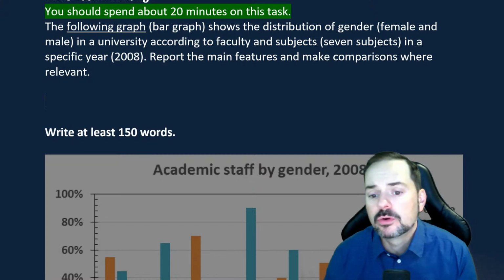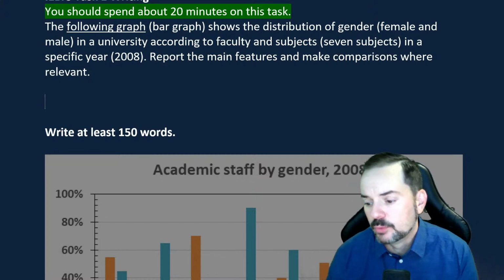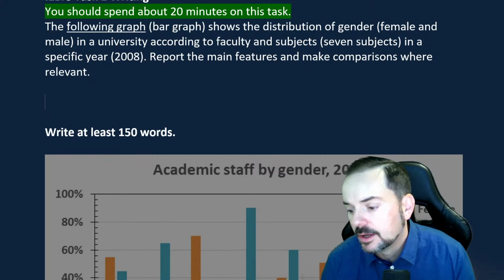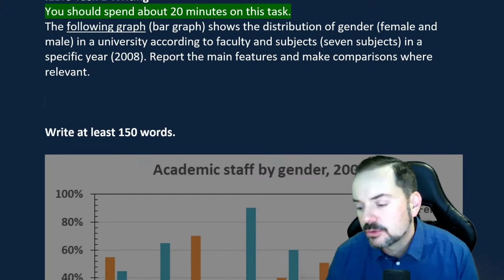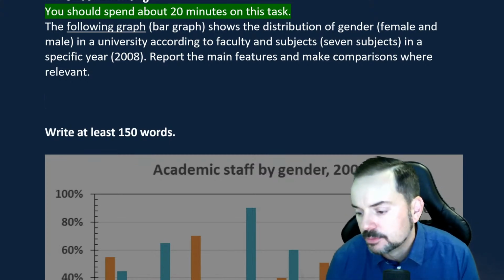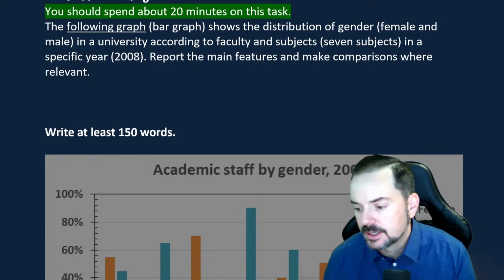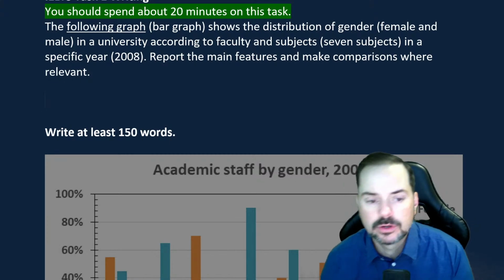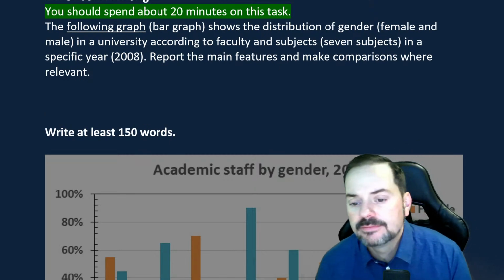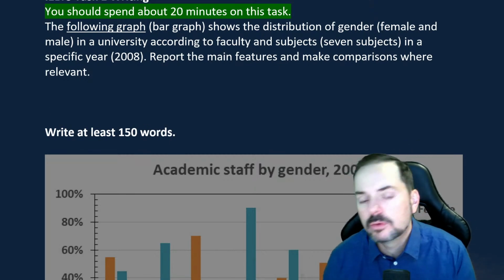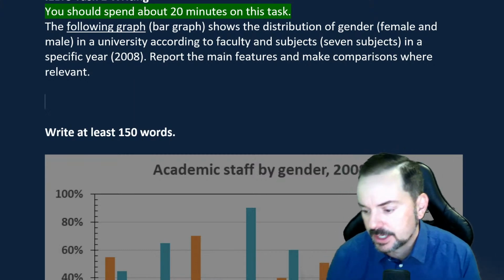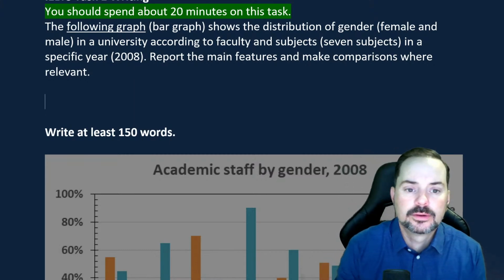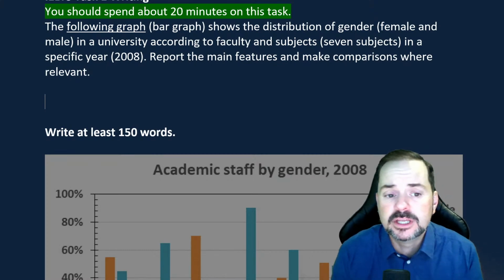We definitely don't call this a blueprint. We don't refer to bar graphs and pie charts as blueprints. If you see a map of a building or a town, even maybe, you could call that a blueprint, but not for something like this. With a bar graph, to call it a blueprint is awkward, and you don't want to make awkward mistakes. So do not call this a blueprint. Instead, be specific.